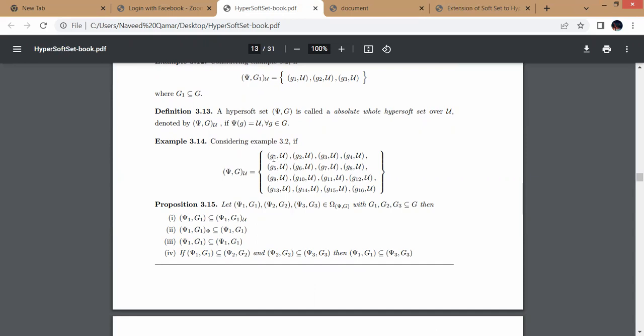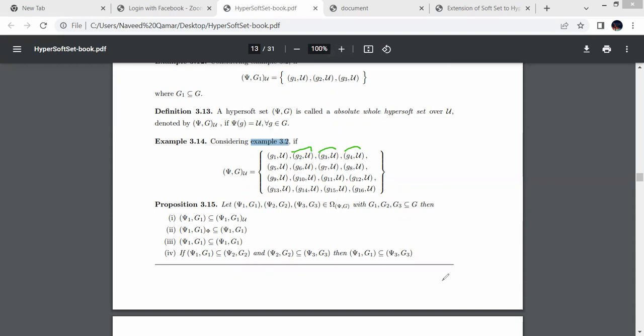Means G1 attributes are included in the universal set. Means to say that the universal set includes 8 mobiles. If we discuss example number 3.2, G2 attributes are included in all of the mobiles. Similarly, G3 attributes are included in all of the mobiles. G4 attributes are included in all of the mobiles. Similarly, all of the attributes are included in all of the mobiles.